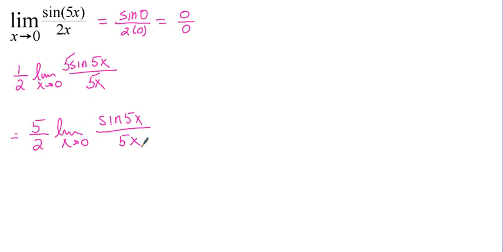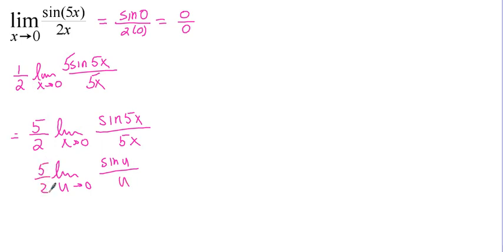Now, using a simple u substitution where u is equal to 5x, we could say that this is equivalent to the limit as u approaches 0 of sine of u over u, with the 5/2 out in front.